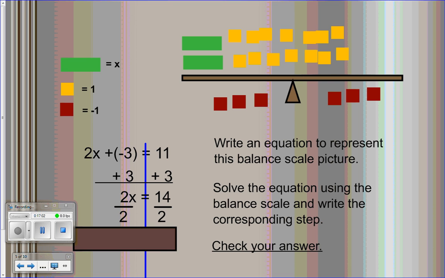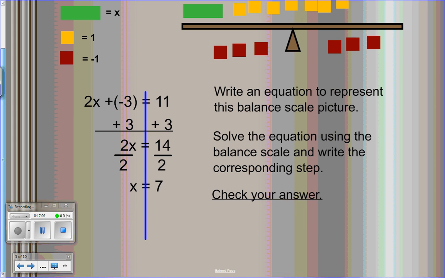So we have x is equal to 7. Let's check our answer. 2 times 7 plus a negative 3 is equal to 11. So we have 14 plus negative 3 is equal to 11, and 11 is equal to 11. So it worked.